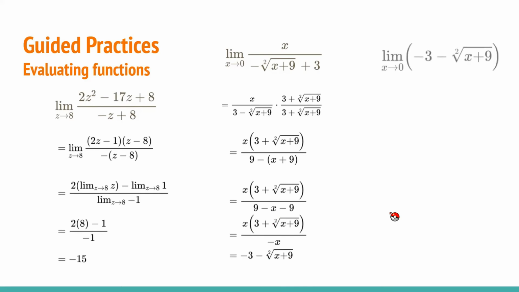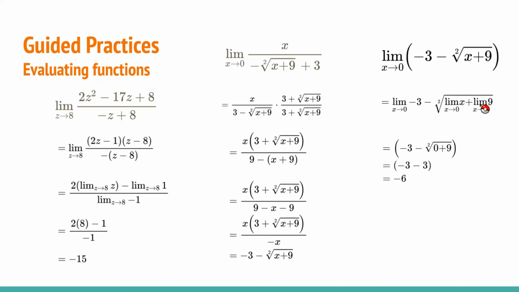Now, we can apply the limit laws to find the limit. So we begin with using the sum and difference law. So we find the limit of -3 as x approaches 0 minus the square root of the limit of x as x approaches 0 plus the limit of 9 and so on.